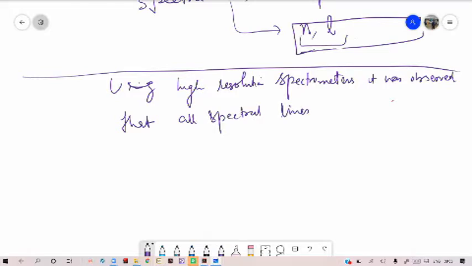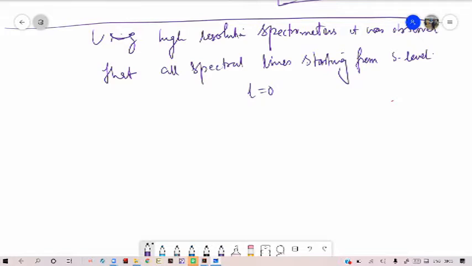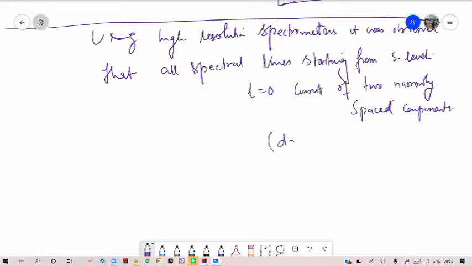starting from the s level, that is the s orbit, with l equal to 0, since l will be 0 for s, consist of two narrowly spaced components, which was called a doublet.